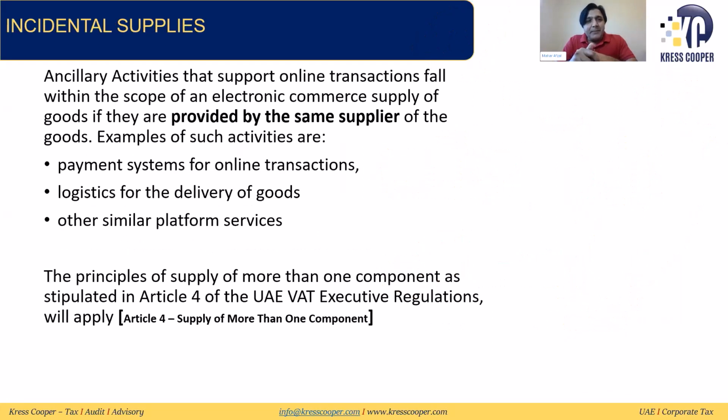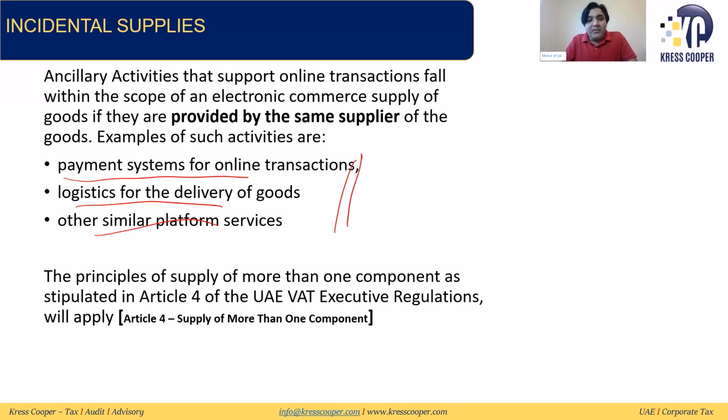Incidental supply: if the ancillary activity, incidental supplies, or online transaction fall within the scope of e-commerce of the goods provided by the same supplier, the supplier who is supplying the goods is supplying the services as well, so it will be assumed to fall under the definition of e-commerce.